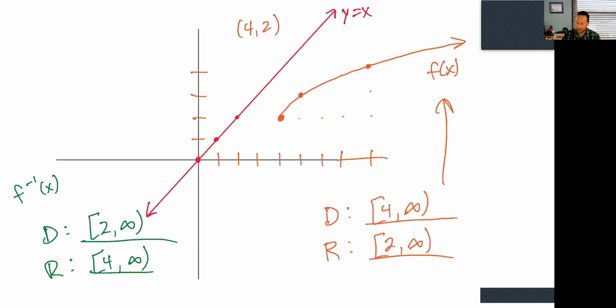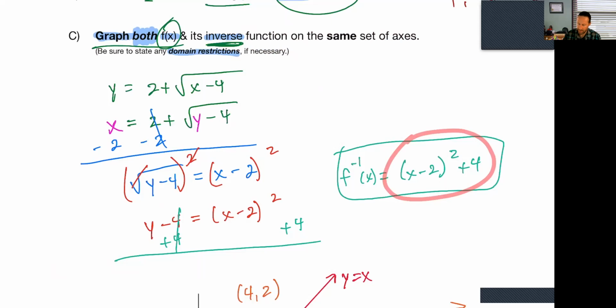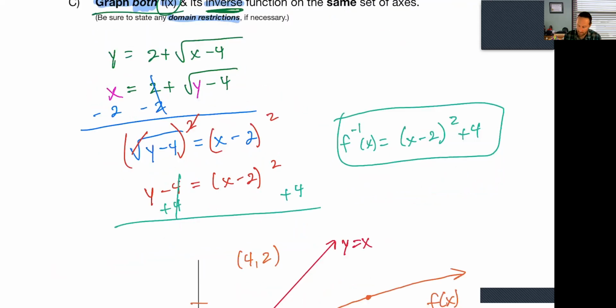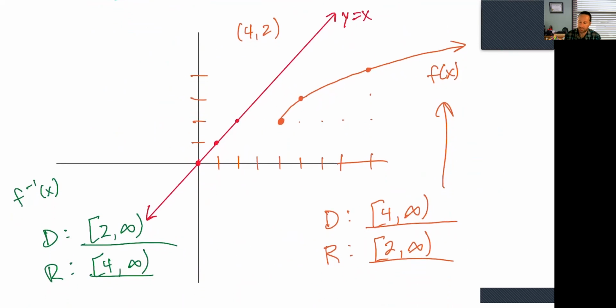Because when I switch x and y, I have the exact same thing. It's not going to look any different like this one does compared to its original. When you take the inverse of, they call this the identity because the x and the y have to be identical. 0, 0, 1, 1, 2, 2, 3, 3, -1, -1. They're all the same.